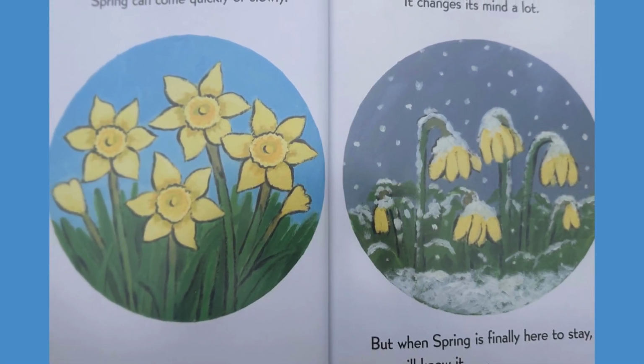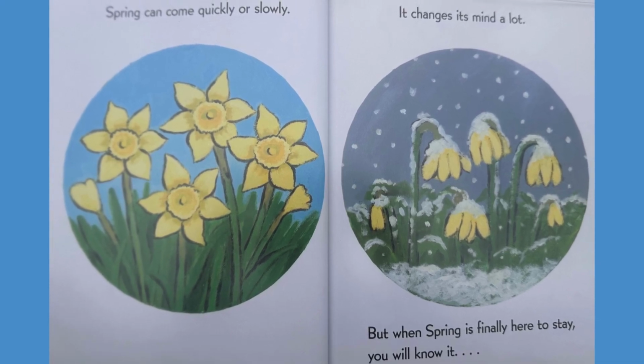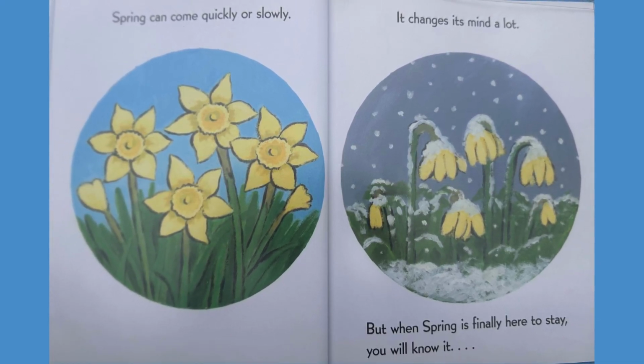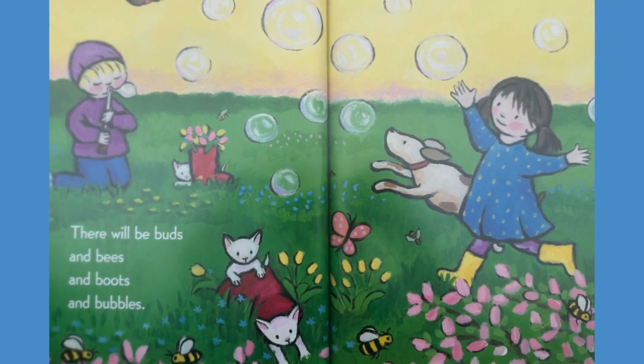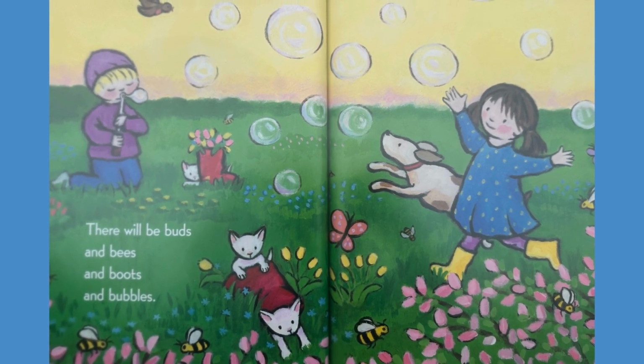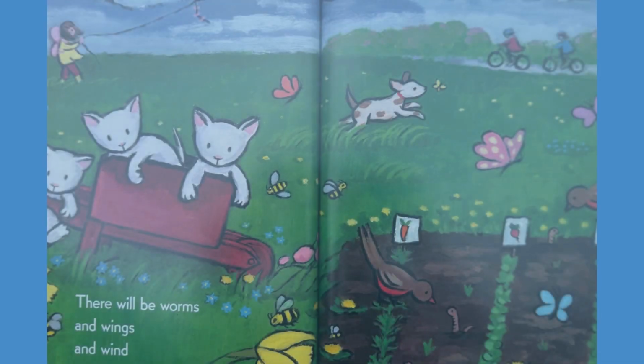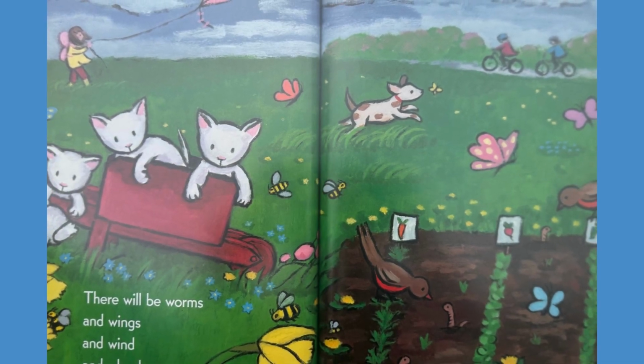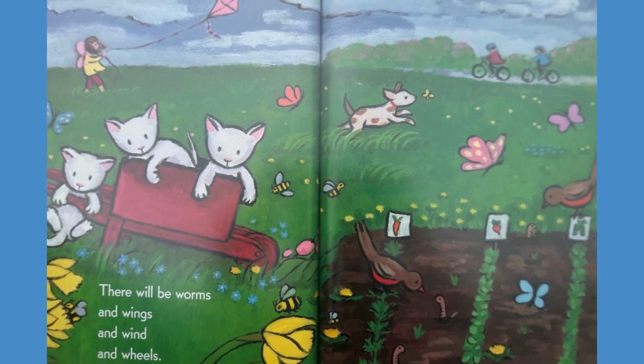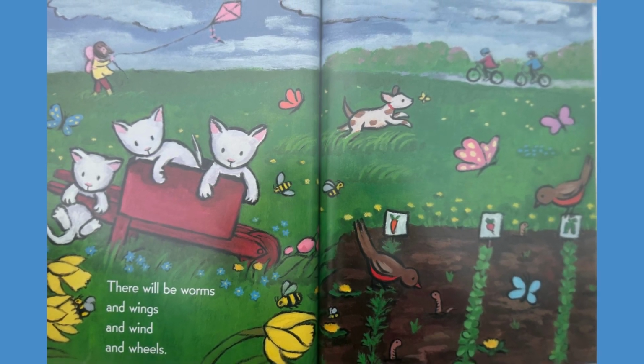Spring can come quickly or slowly. It changes its mind a lot, but when spring is finally here to stay, you will know it. There will be buds and bees and boots and bubbles. There will be worms and wings and wind and wheels.